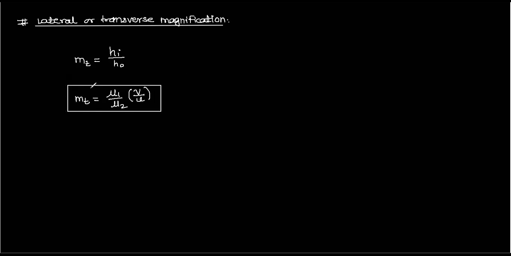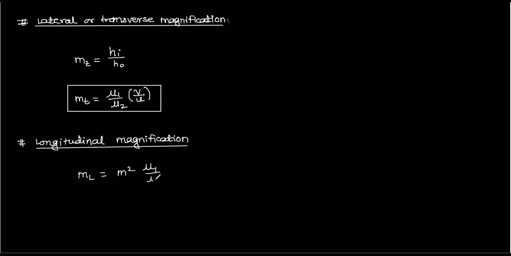Next is longitudinal magnification. In this case, longitudinal magnification, mL, is equal to m square into mu1 by mu2.